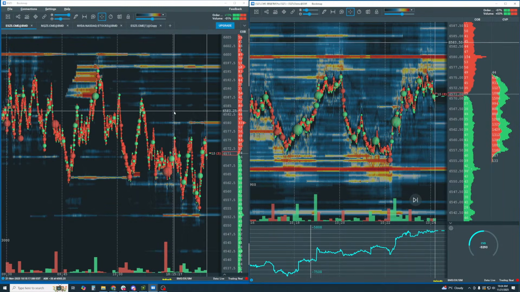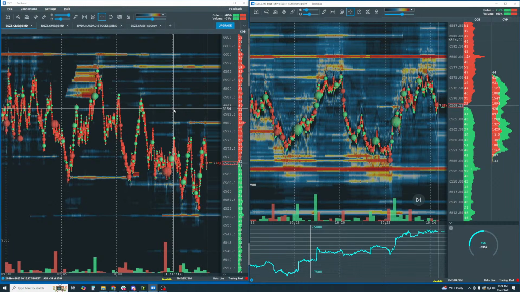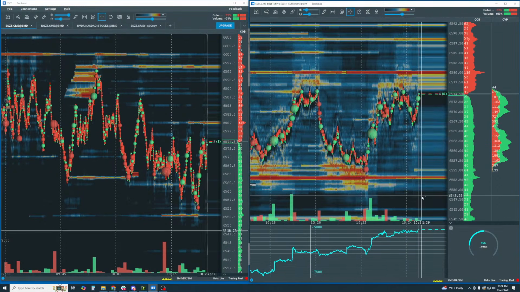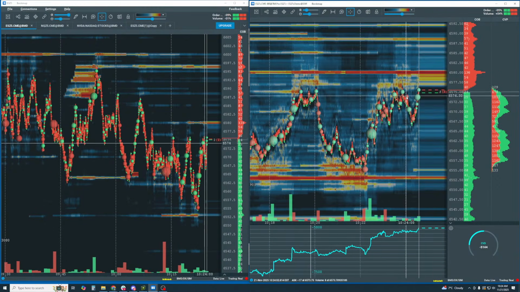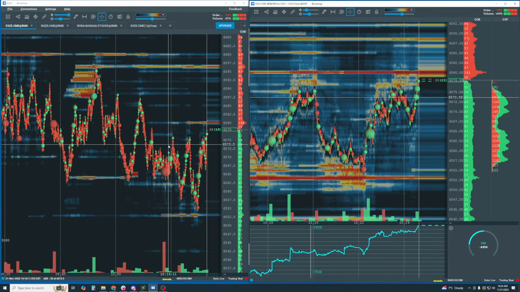And why are we seeing this environment right now is because of what we talked about with the bigger picture fundamentals. Do you guys have any questions on that? Just that there's a lot of worries right now, and we can see it here in the price action and the order flow.